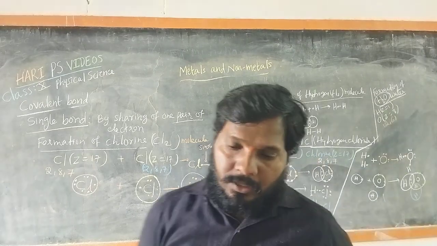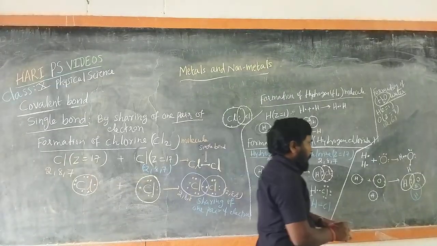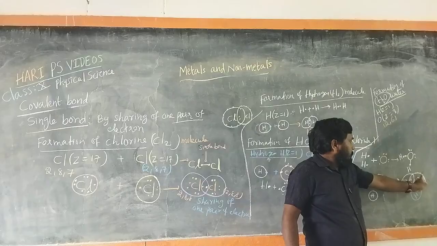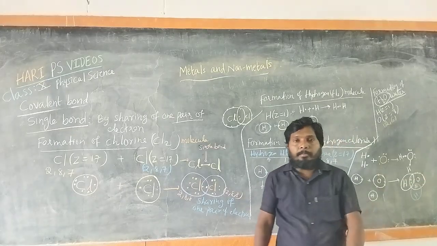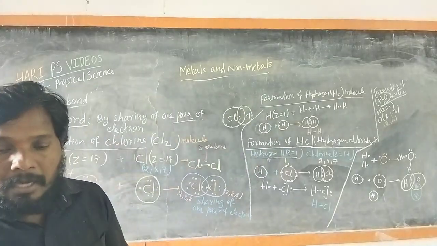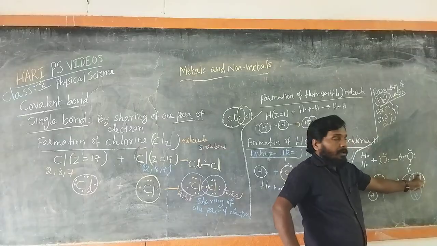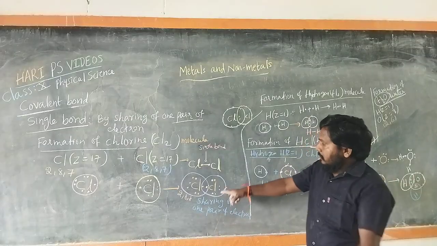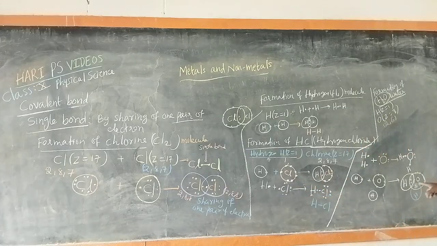Water is a covalent compound. Here observe that we have two unpaired electrons, two unshared pairs of electrons on oxygen in the water molecule.